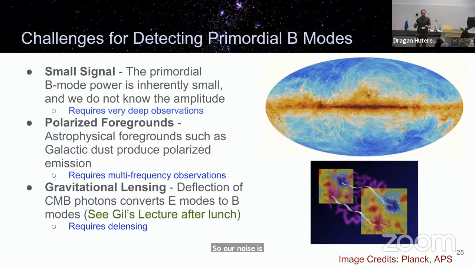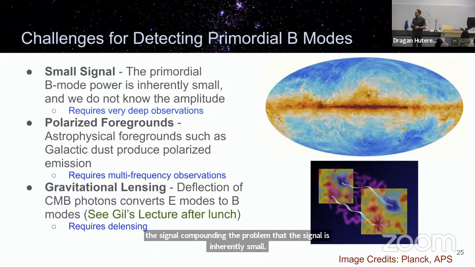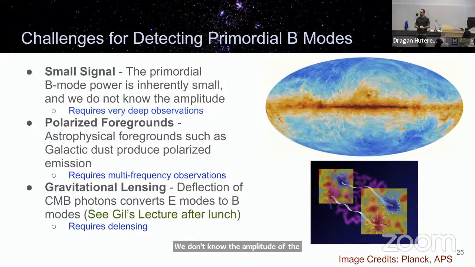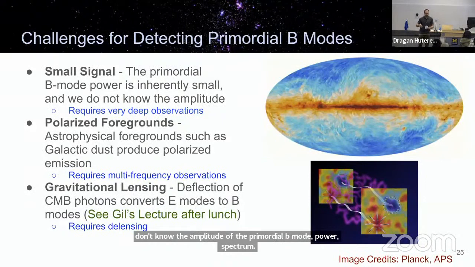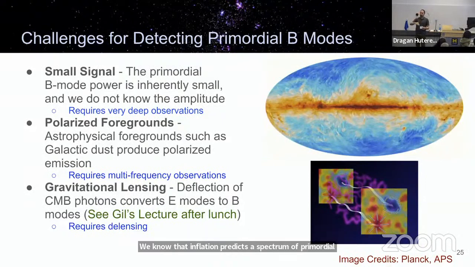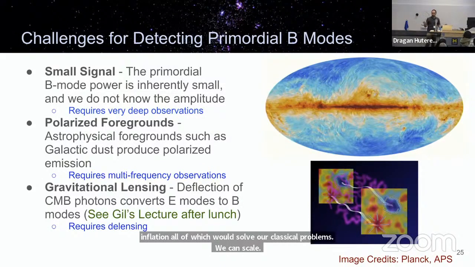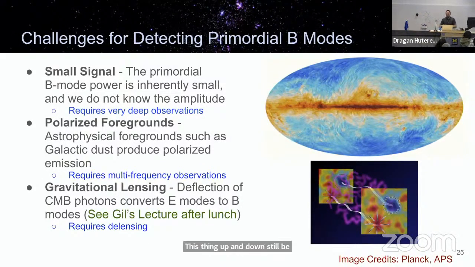Compounding the problem that the signal is inherently small, we don't know the amplitude of the primordial B mode power spectrum. We know that inflation predicts a spectrum of primordial gravitational waves, but because the scale of those primordial gravitational waves is sensitive to the scale of inflation, and there are many models of inflation, all of which would solve our classical problems, we can scale this thing up and down, still be totally consistent with the scalar spectrum, and we still don't know what the primordial gravitational wave spectrum is.